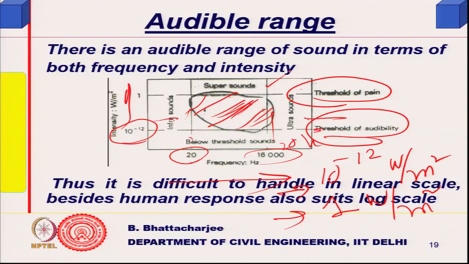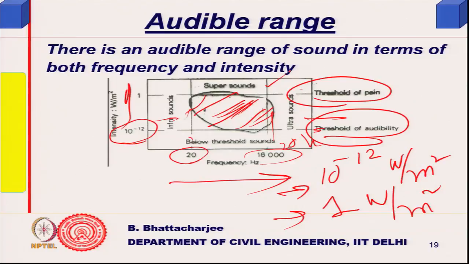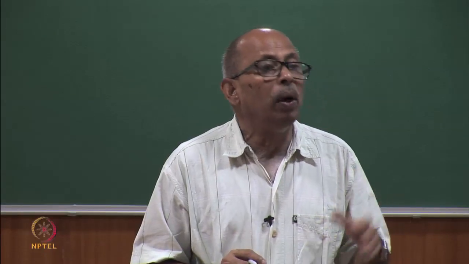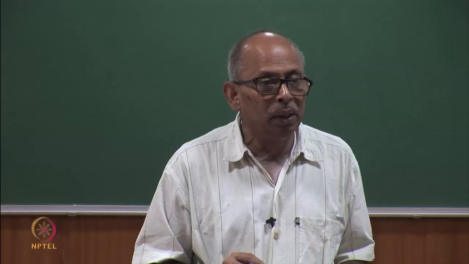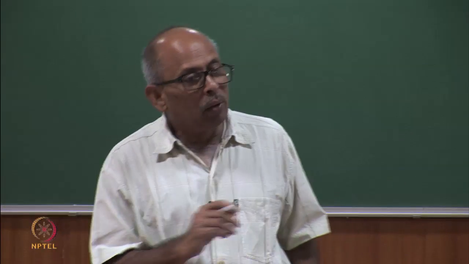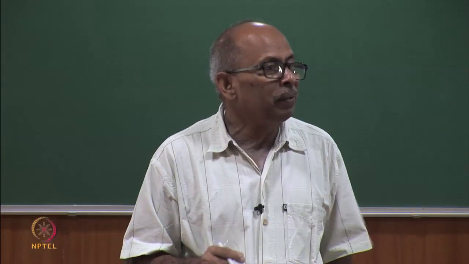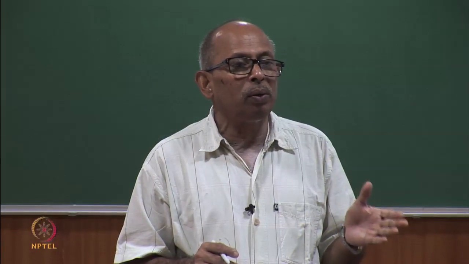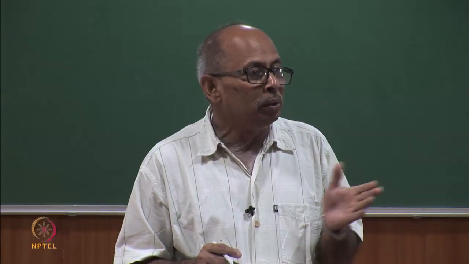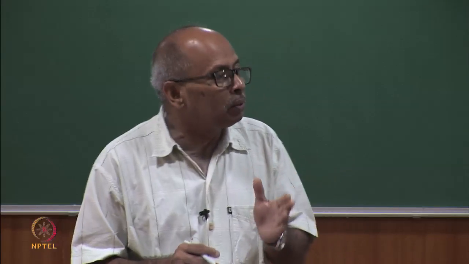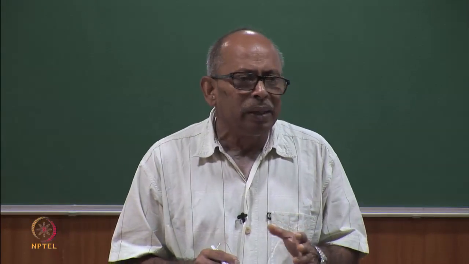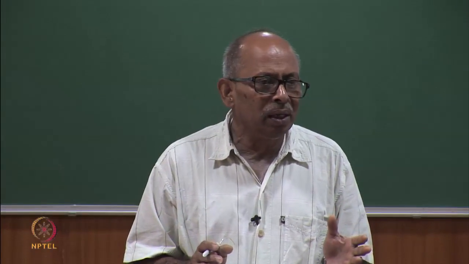If you look at 10 to the power minus 12 to 1, it will be difficult to handle in linear scale, 1 to 10 to the power 12 times. If you take log of this, this becomes minus 12 to 0, since log 1 equals 0. That is also not a very good range.